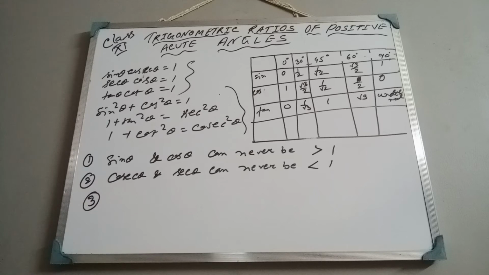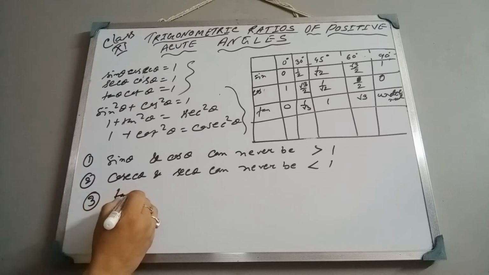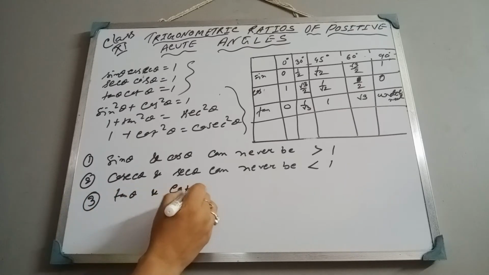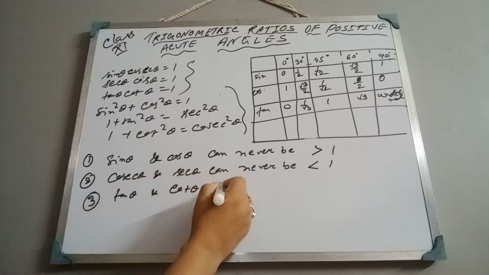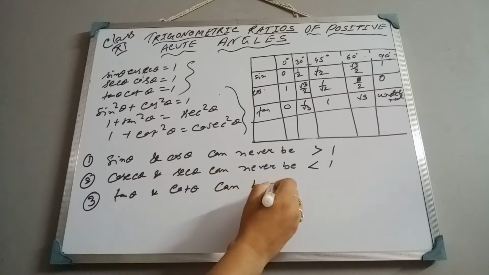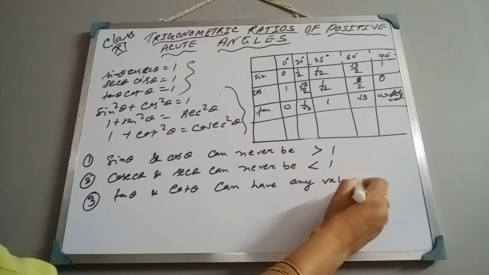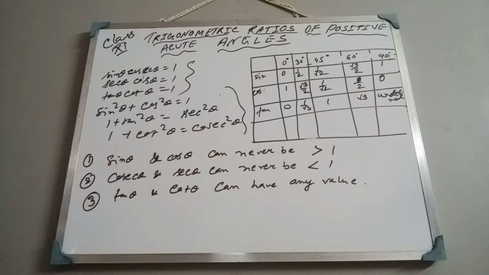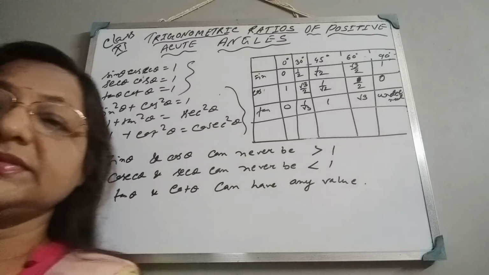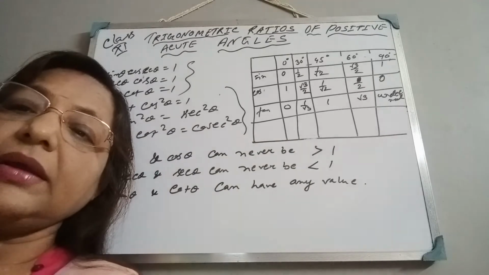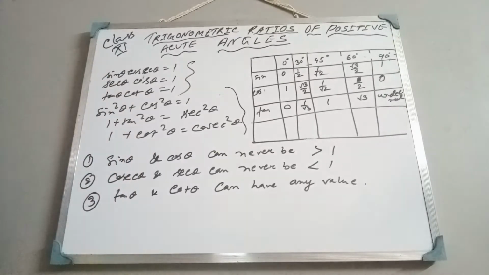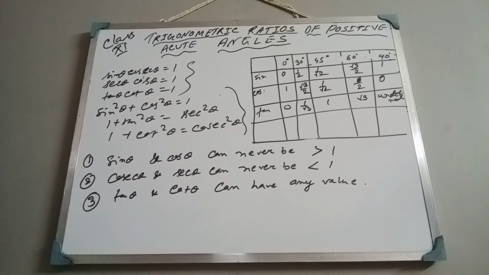Number 3, tan theta and cot theta can have any value. Okay, now one by one we will prove this. These are the statements, and we have to prove whether they are true or not.